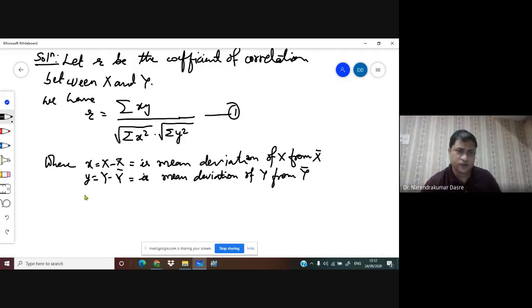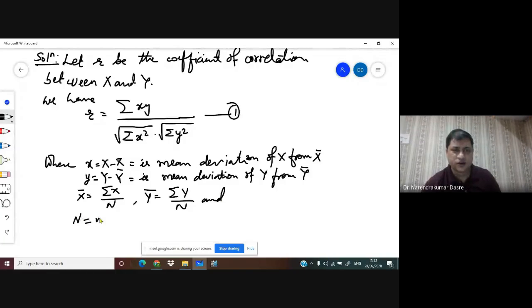So we have x bar is equal to summation x upon n. What is y bar? Y bar is summation y upon n. And we have n is equal to the number of observations.